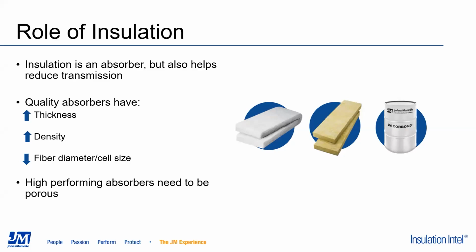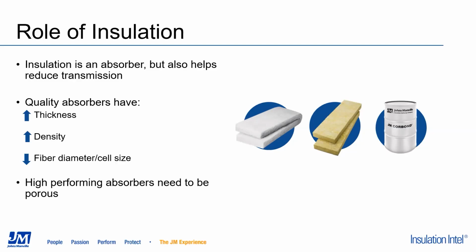Density also plays a role. As you increase density, you'll generally get improved sound absorption, but at some point you get to an area of diminishing returns. Fiber diameter and cell size also come into play. Generally, as you decrease fiber diameter or cell size, you will get some improvement in sound absorption.